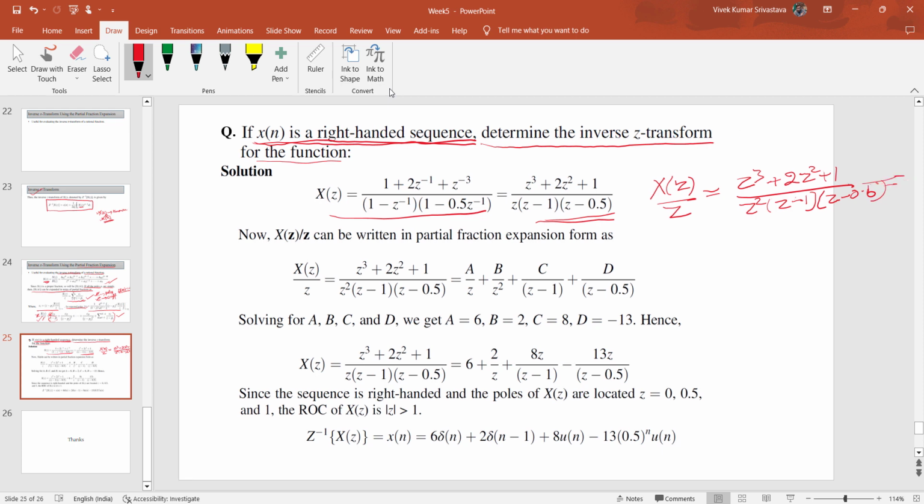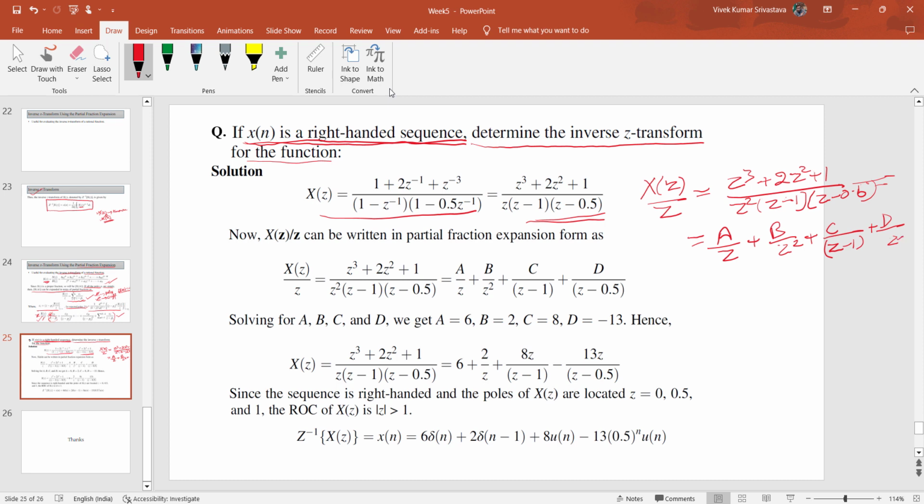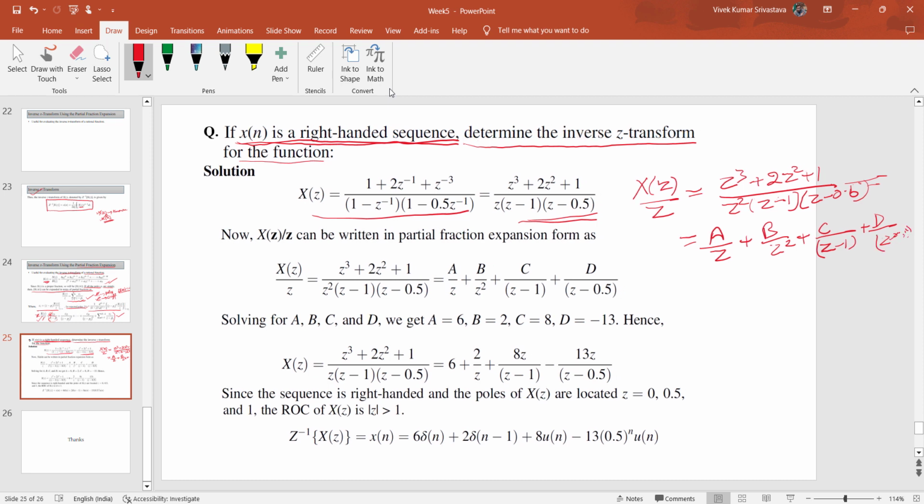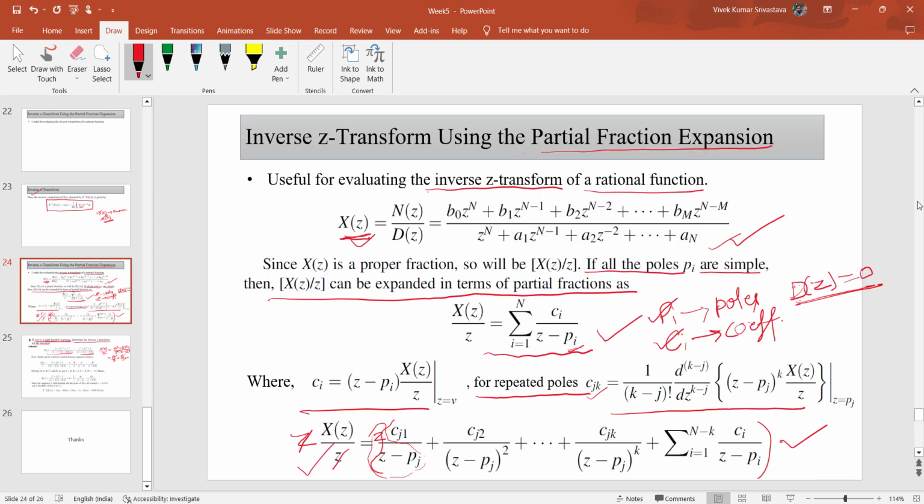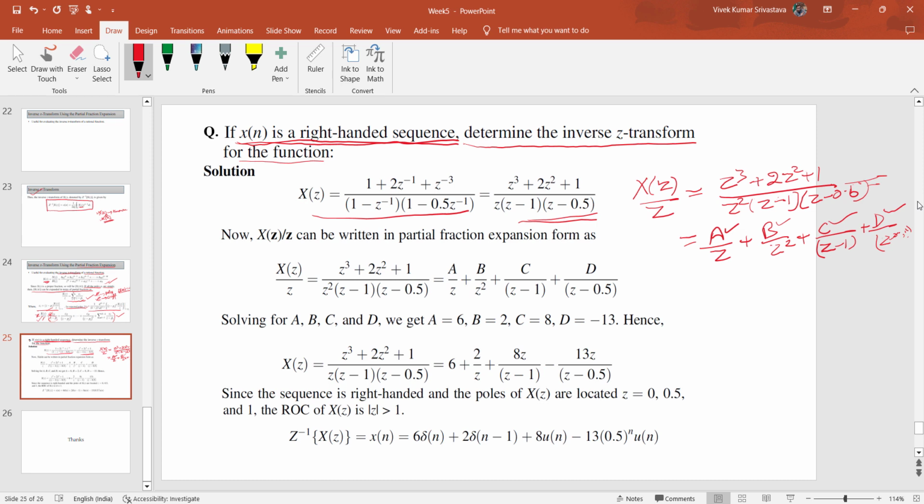Now we will express this as a over z plus b over z square plus c over z minus 1 plus d over z minus 0.5. Here we just have to evaluate the coefficients a, b, c and d. By using this formula we can evaluate the coefficients. Here I am evaluating the coefficient a for you.